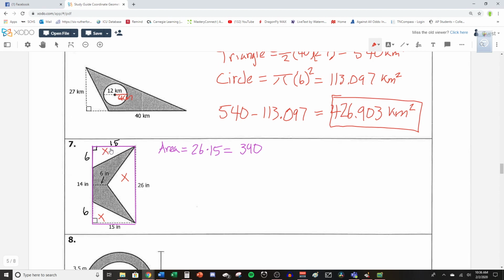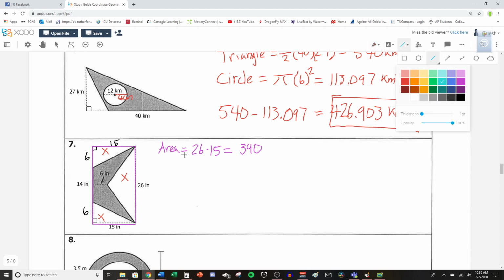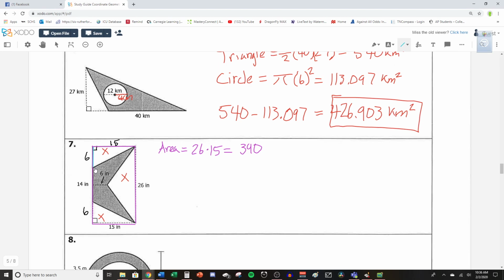There are several ways to think about this. If I were to draw this in blue, take this shape right here and this shape here, you can see that they're the same.